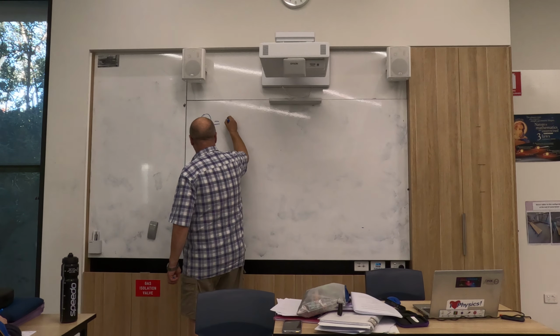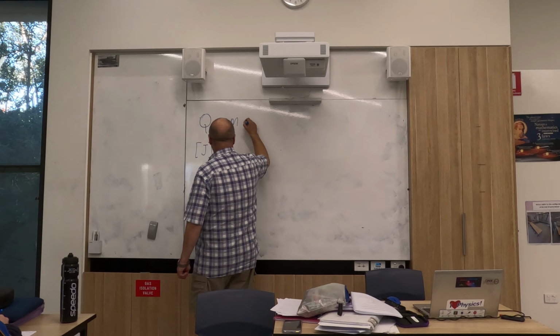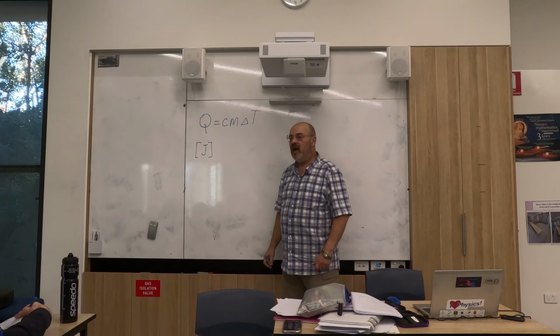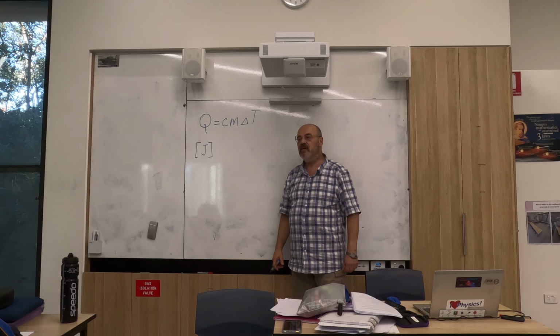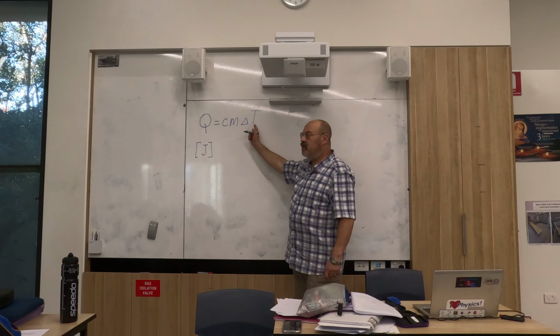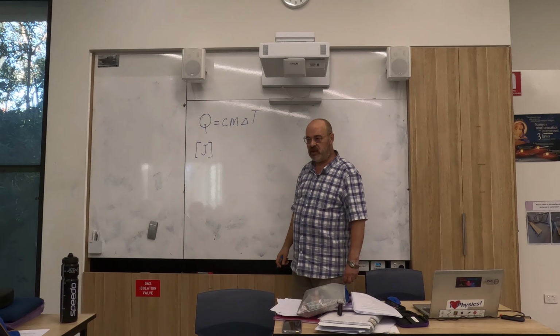It's equal to cm times change in temperature, where m is the mass of the object, c is the specific heat capacity, and delta T is the change in temperature.